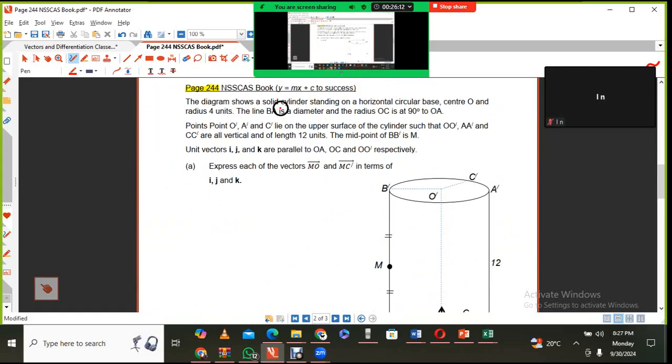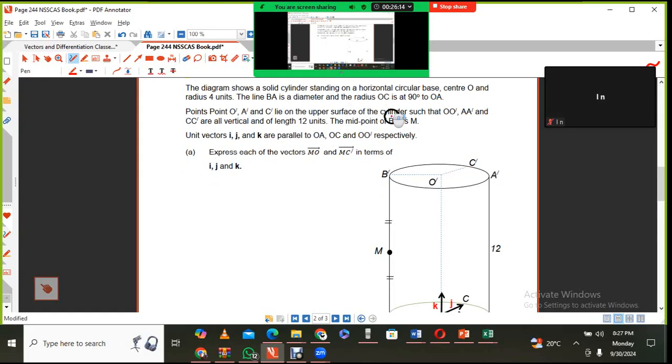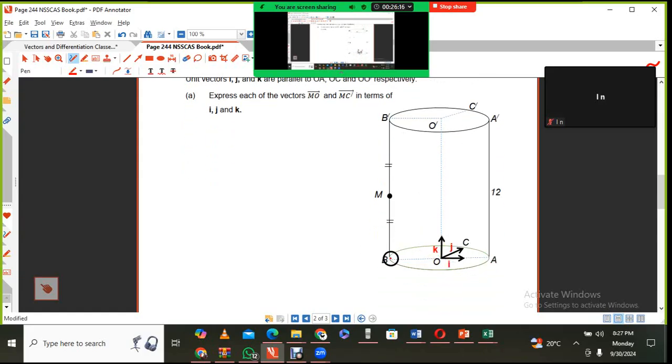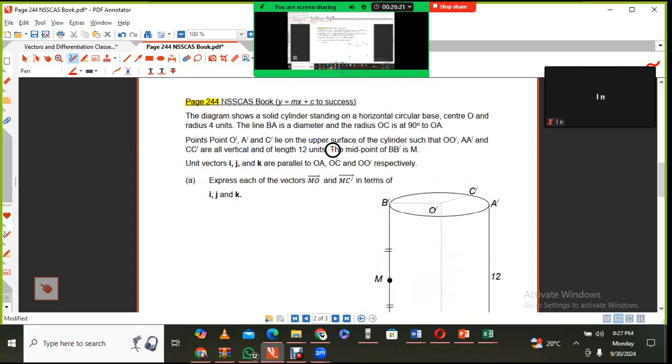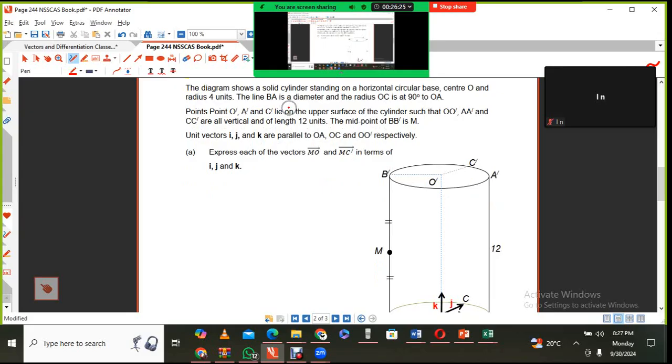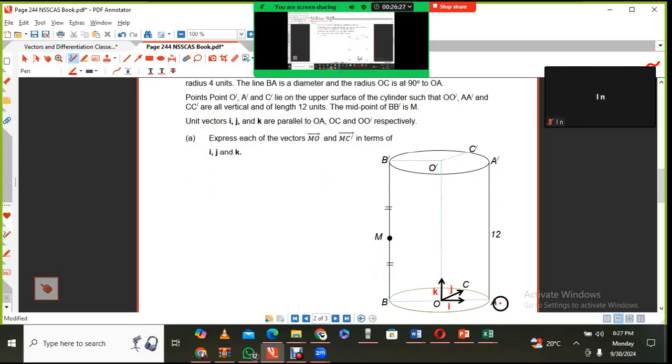It says the diagram shows a solid cylinder standing on a horizontal circular base, which means that it's flat. It's on a flat surface. So it's upright then. Center O, radius is 4 units. Line BA is the diameter, as you can see. Radius is OC. And they are all at 90 degrees. OA to OC, can you see that?